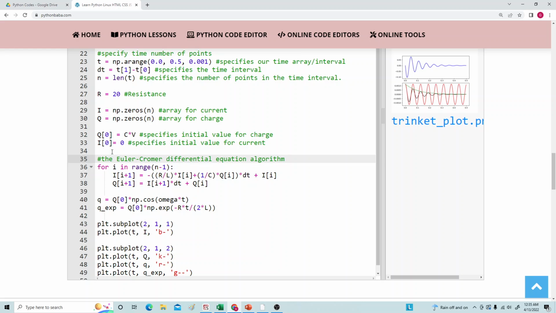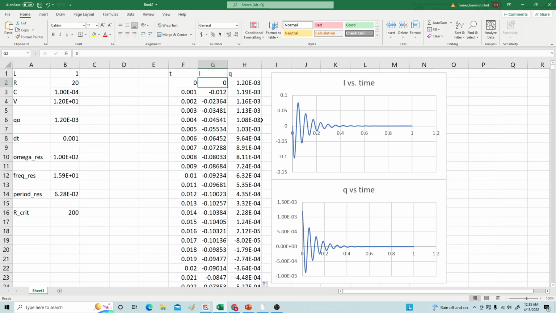This is the Euler-Cromer differential equation algorithm, and this is basically what we had specified in this cell for I. We're going to take the resistance, multiply it by the initial current, plus the initial charge divided by the capacitance, divided by the inductance, multiplied by the time, and then plus the previous current.